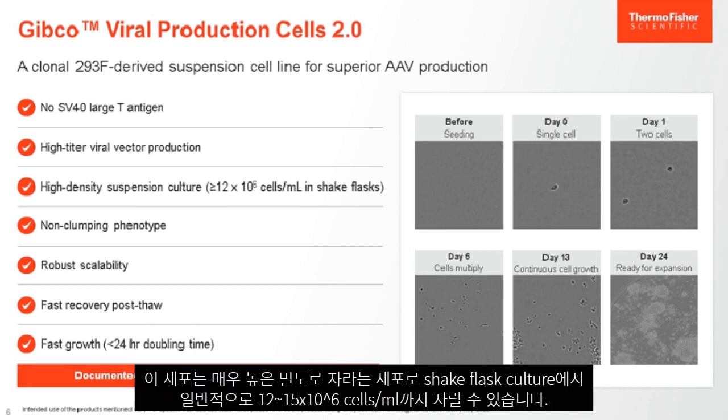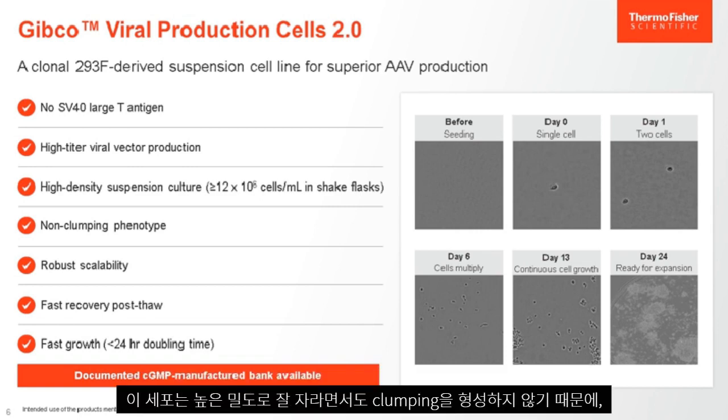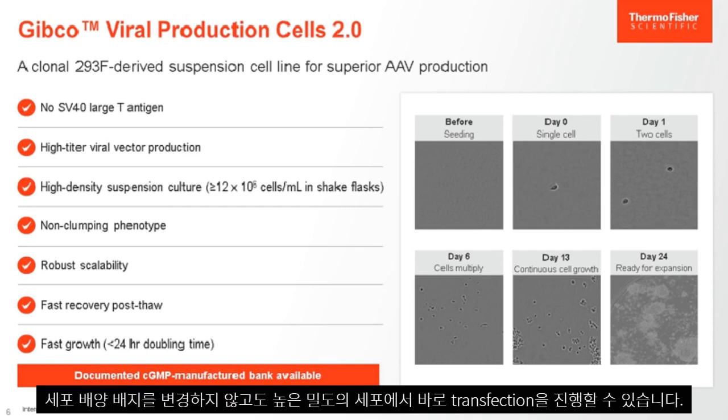These cells grow to very high densities, and even in routine shake flask cultures can typically attain 12 to 15 million cells per mil. One of the key attributes of these cells is a very non-clumping phenotype, which allows you to essentially grow your cells to the density that you would like to transfect at, and transfect in the same media that you grow the cells in.